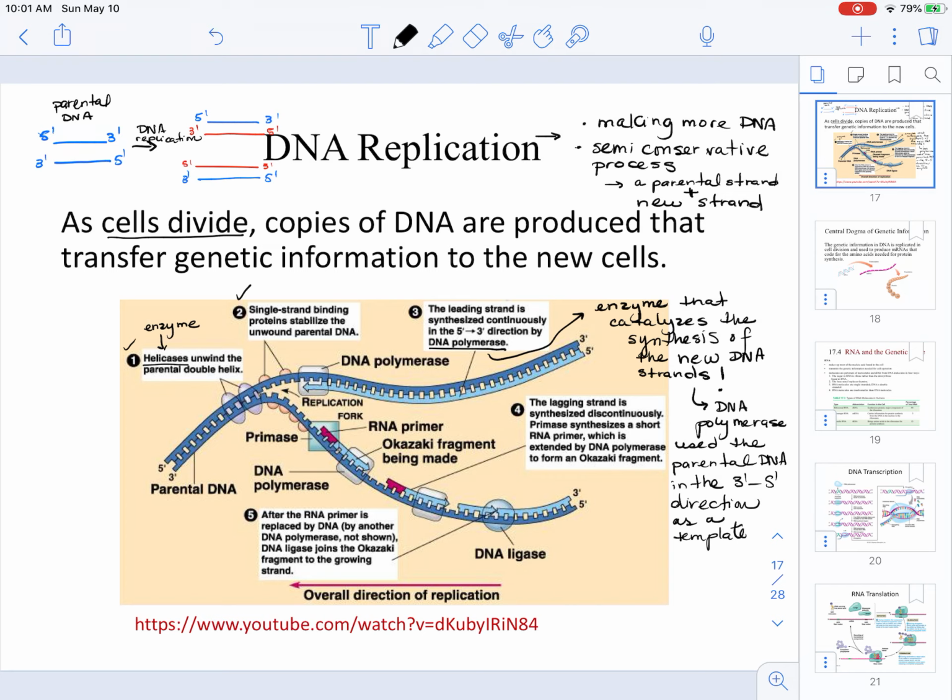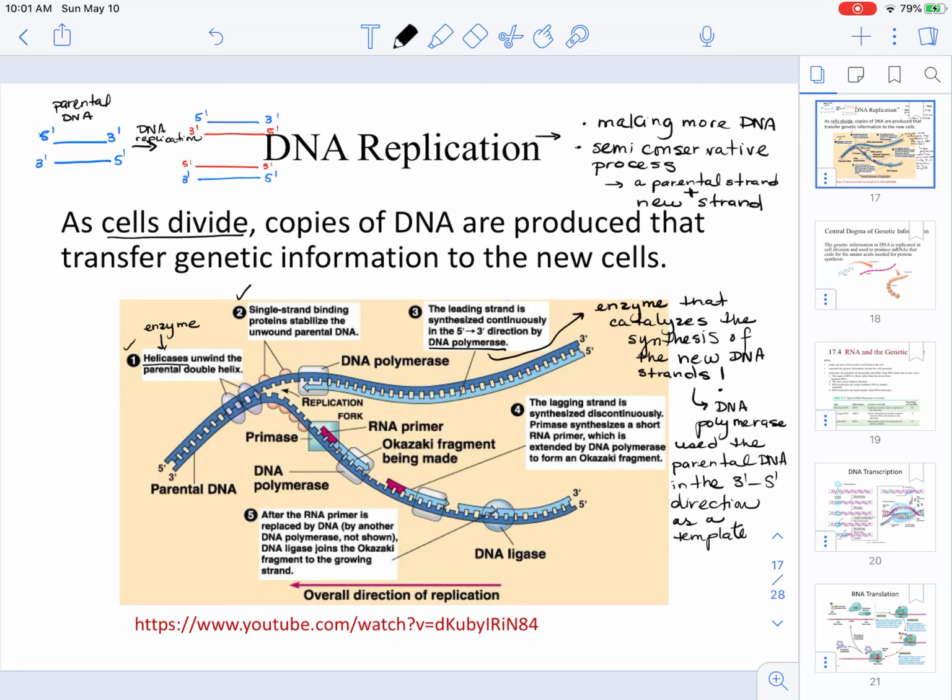So what does this mean? Remember that DNA is anti-parallel, which means that we have a strand that is going to be in the right direction when replication happens, but the other one is going to be in the opposite direction.